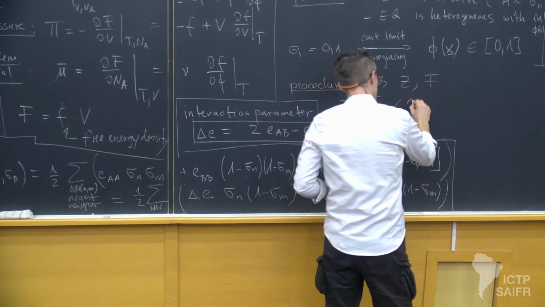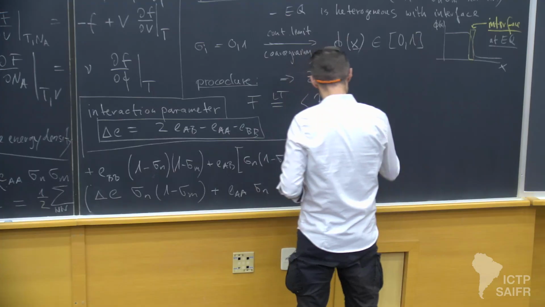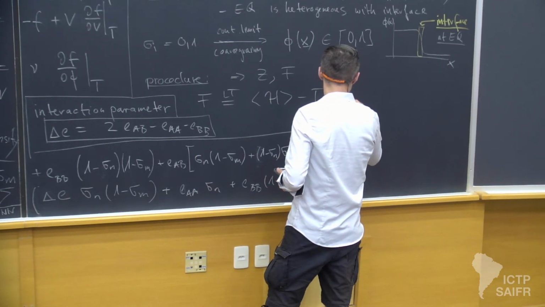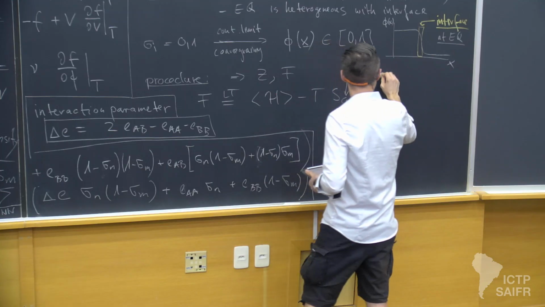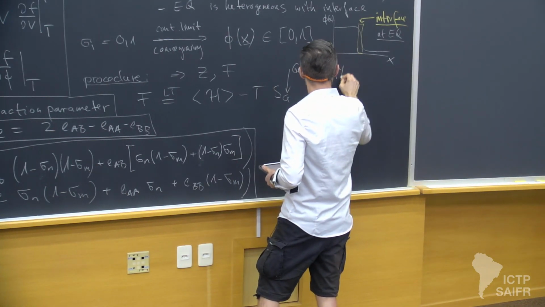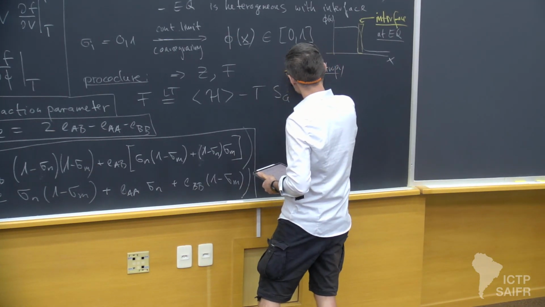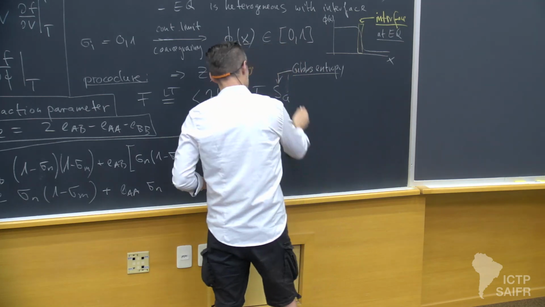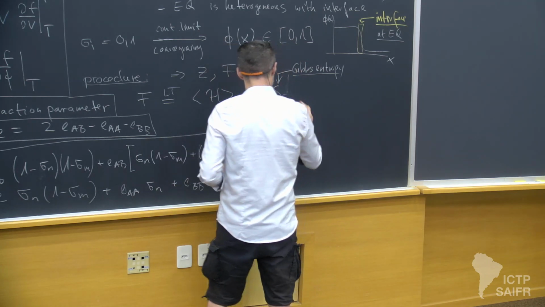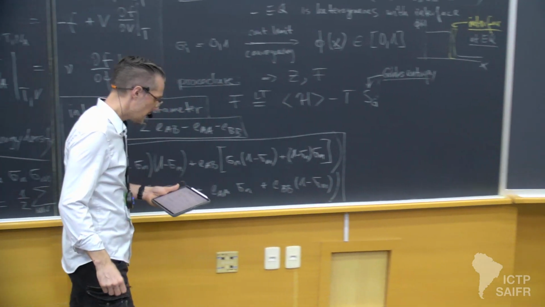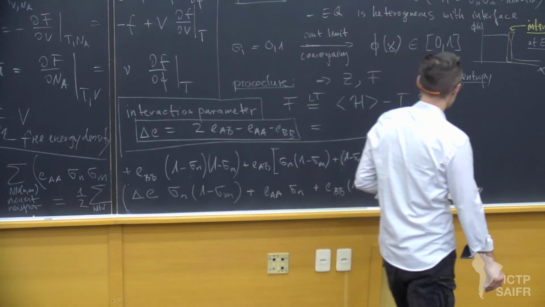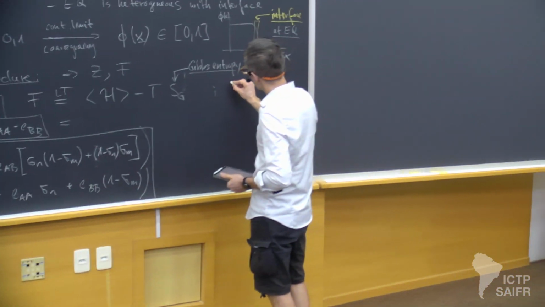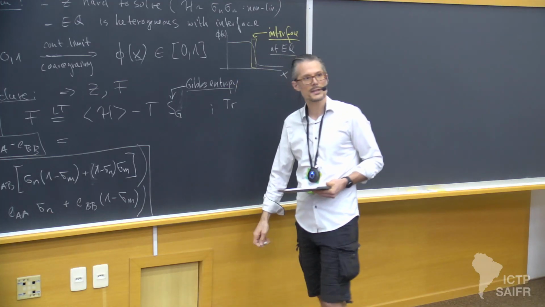In the canonical ensemble, it's the average of H minus T times the Gibbs entropy, or, for people who work on more quantum systems, the statistical entropy. When I write it explicitly, I use a shorthand notation, and I abuse the trace notation.